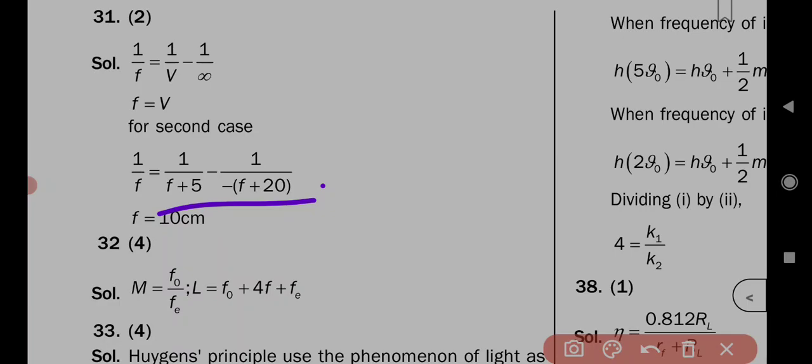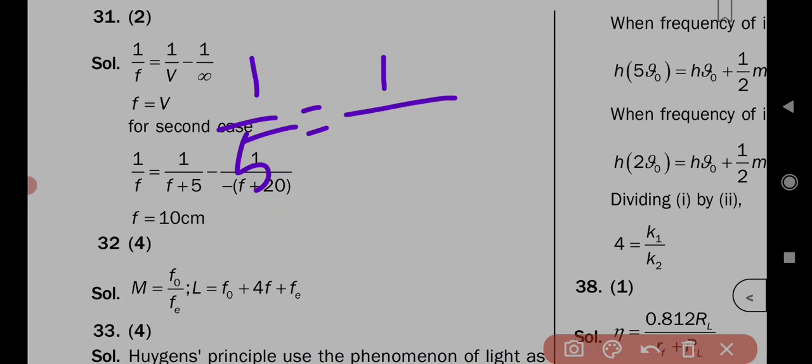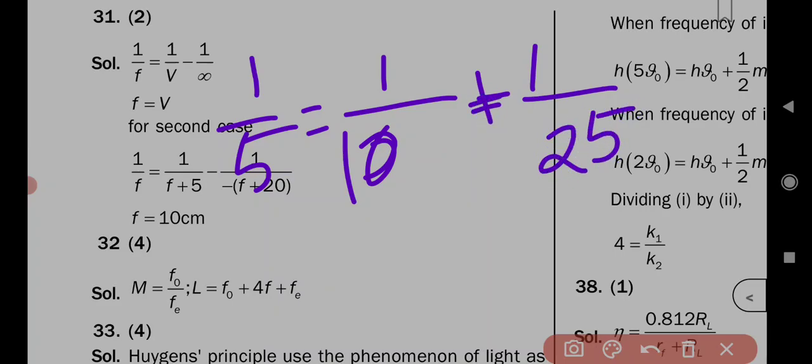Or else you can check with the option. Let's check with the option. So let's check with 5 centimeters, okay? 1 by F. 1 by 5 is equal to 5 plus 5 is 10. Minus of minus means let's take plus here. 5 plus 20, 25. This LCM will be how much?